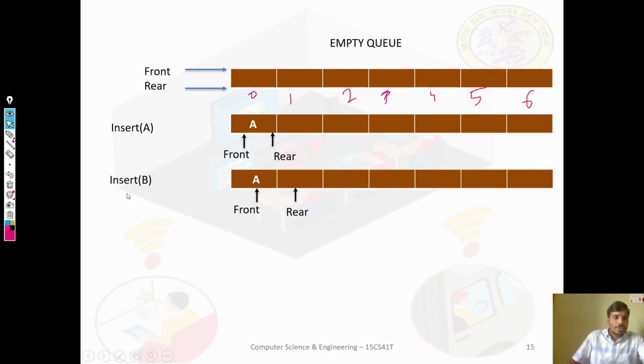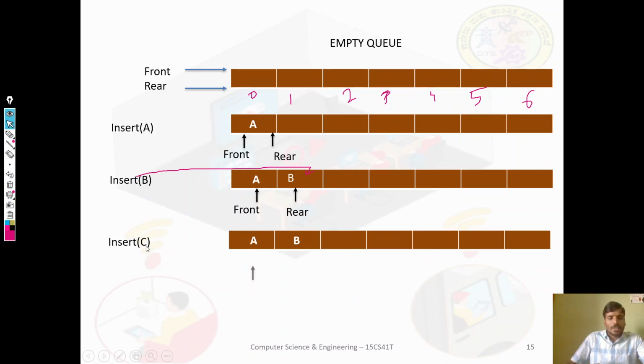So here you have to insert B. From here, you insert the element at this position. So B is inserted, right? After successful insertion of A and B, the next job is to insert C. Again increment rear and insert C. So rear is pointing to the next position of B and C is inserted.